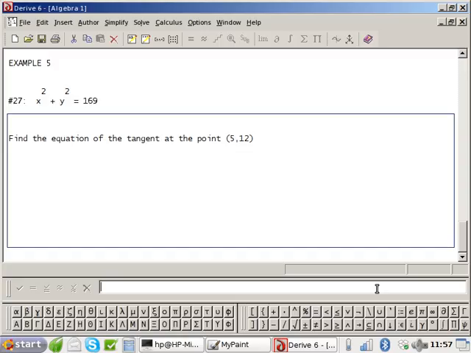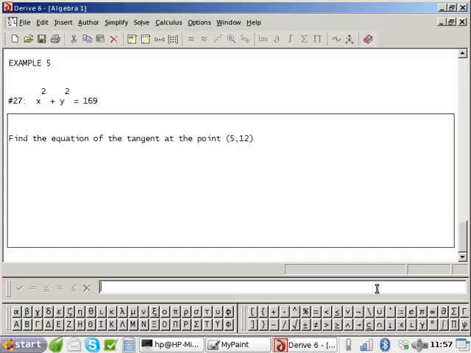So the first step is to calculate the derivative, like normally. The dy dx. You got the answer?